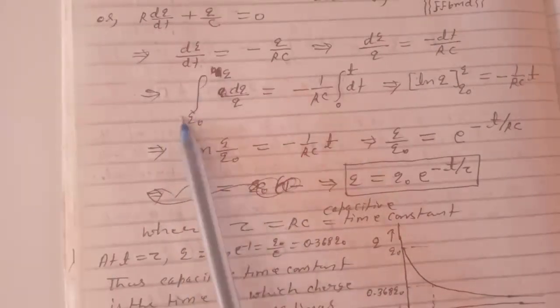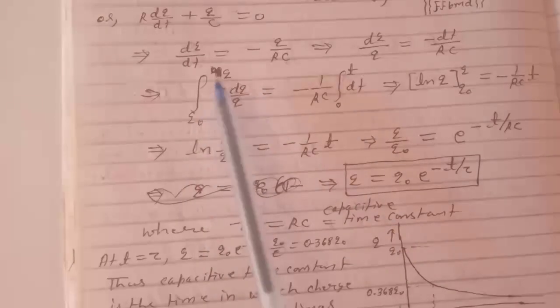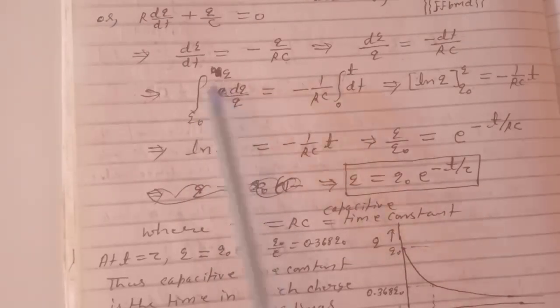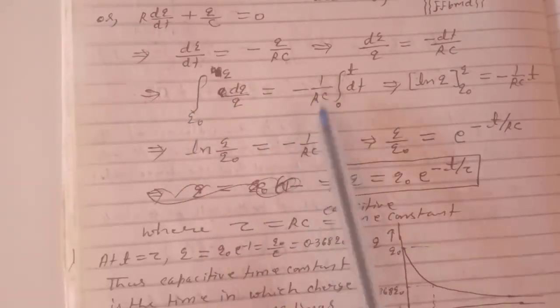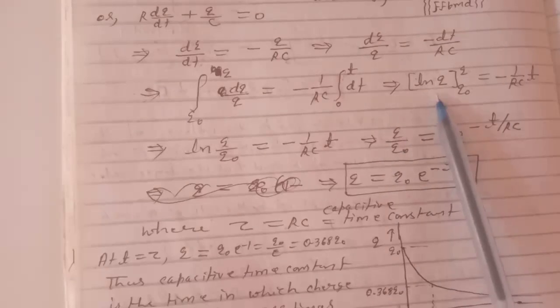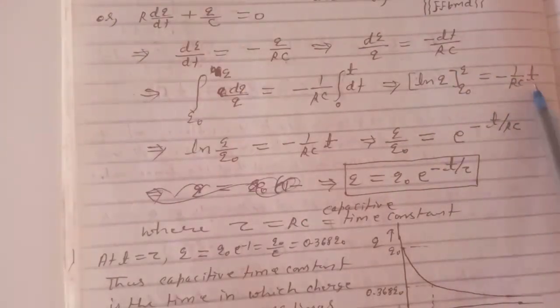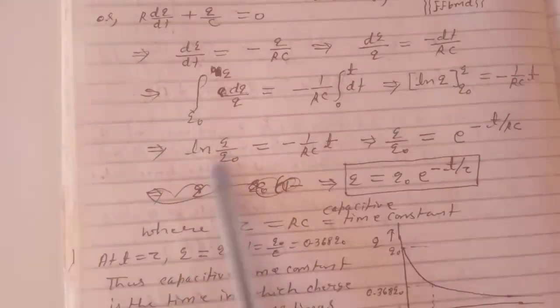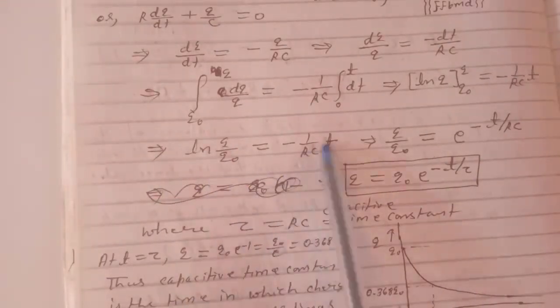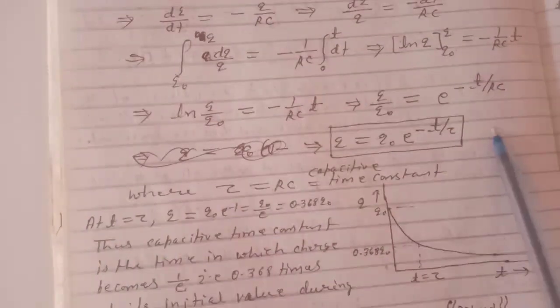This implies integration from q naught to q of dq by q, because our initial charge is q naught and the final charge at any time is q, equals minus 1 by RC times the integral from 0 to t of dt. After integrating, log q from q naught to q equals minus 1 by RC into t, or log q by q naught equals minus 1 by RC into t, or q by q naught equals e to the power minus t by RC.